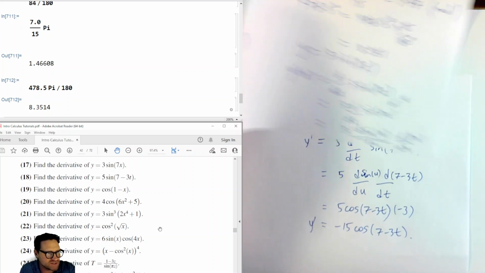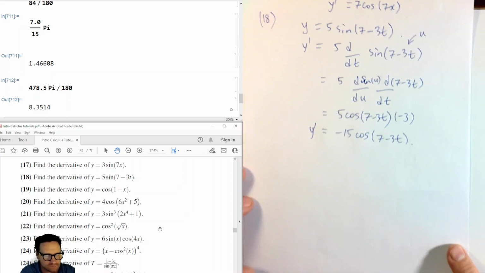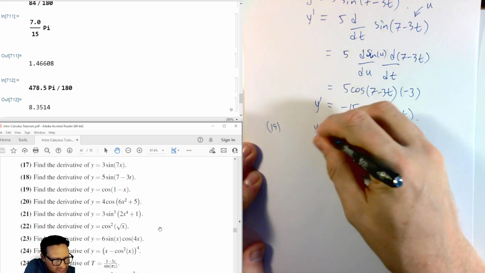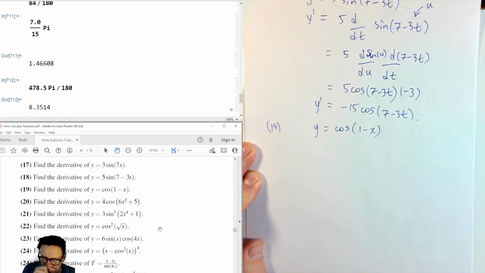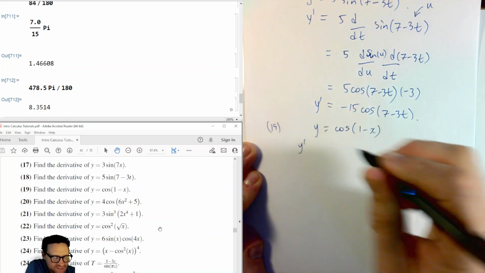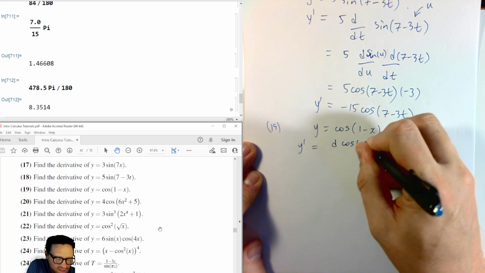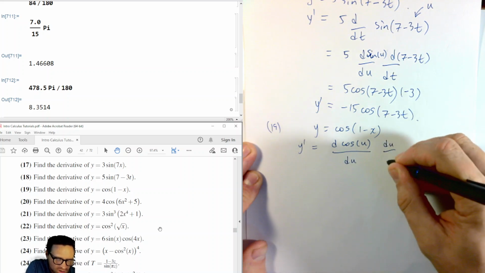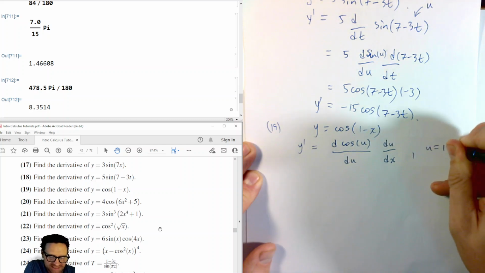Let's move on to question 19. So y equals cos of (1 minus x). And so y′ is equal to the derivative of cos of u with respect to u times du/dx, where u is 1 minus x.